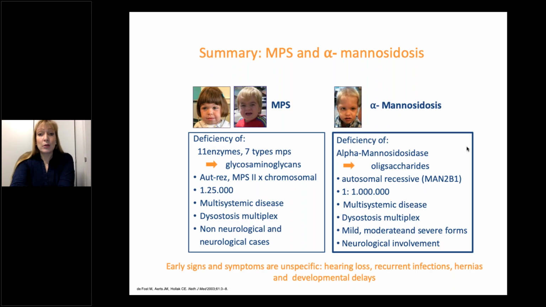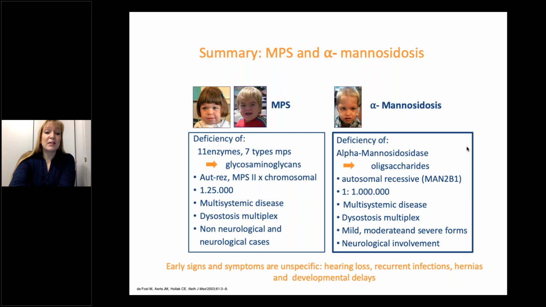While in alpha-mannosidosis, we have the oligosaccharides that are stored. It is an autosomal recessive disease. It is rare for sure, but treatable. We have a multisystemic disease with dysostosis multiplex, meaning skeletal involvement, also in mannosidosis. We have mild, moderate, and severe forms, and we have in some patients neurological involvement.